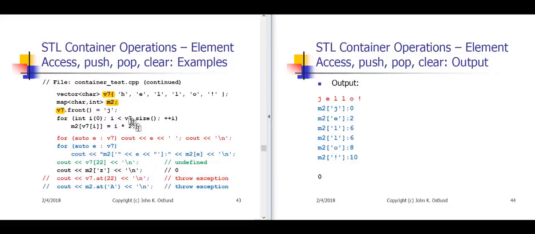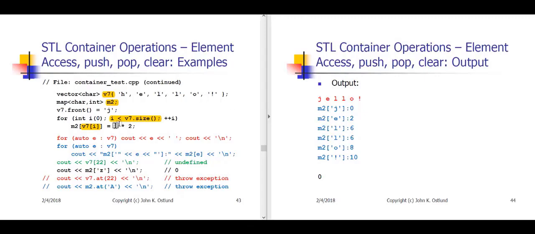Following that, in this for loop, notice that I'm stepping through each of the elements in v7, one element at a time, and I'm using the ith element of v7 as my index into the map m2. Recall that going out of bounds on your indices in a vector would crash your program, but using a non-existent key as an index into a map will create a key value pair with the default for the value.